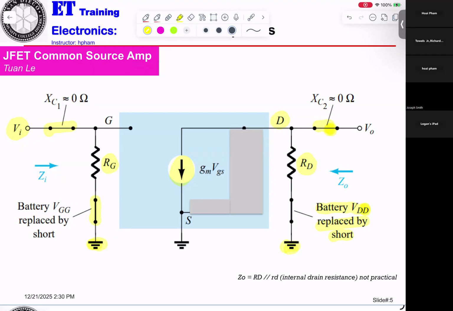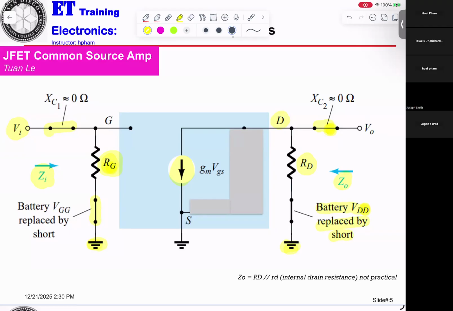So if I'm looking for input impedance, from Vin looking into the amplifier, you get only one RG resistor. So input impedance will be RG.